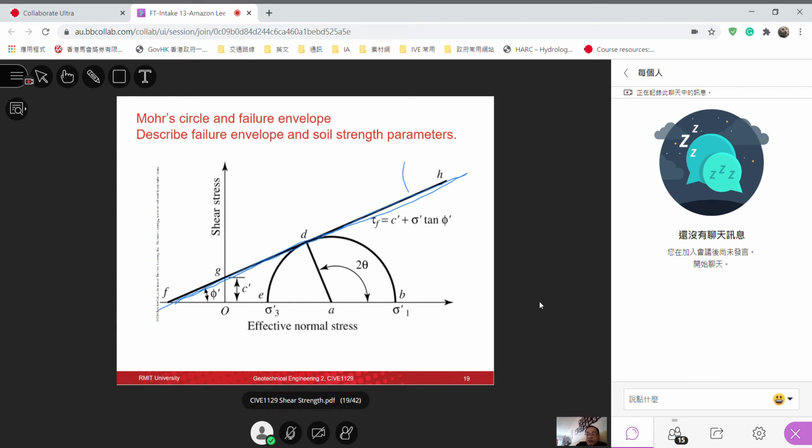This straight line is the so-called Mohr-Coulomb failure criteria.